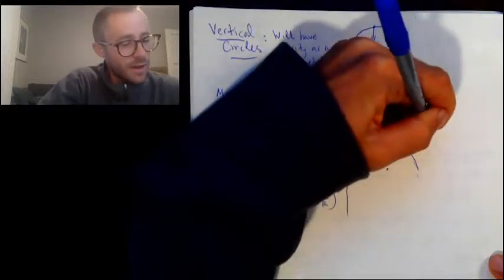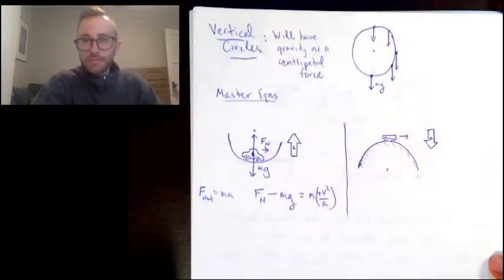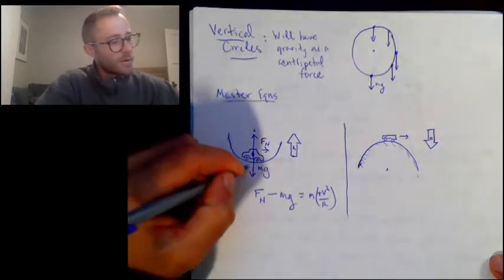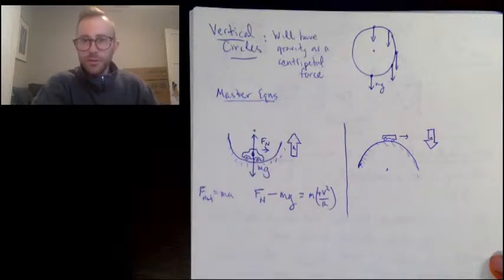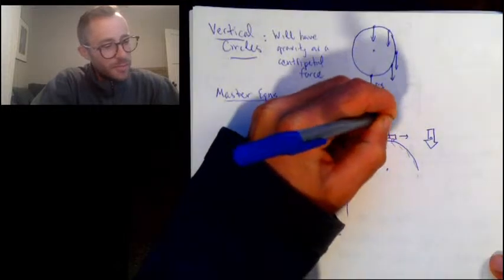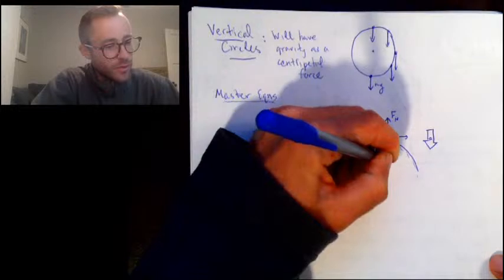So we have a downward centripetal acceleration. We still have normal force going up. We still have weight force going down.